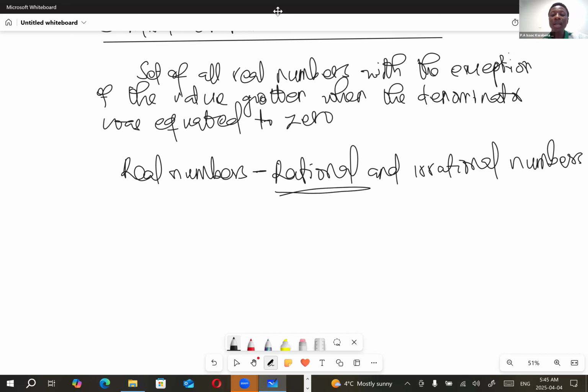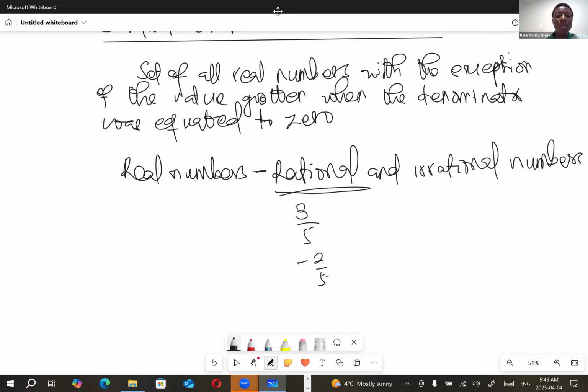If you are talking about rational numbers, we are basically looking at simple fractions, be it positive or negative. So you can have 3 over 5 or negative 2 over 5. You can think of any fraction, as far as it's positive or negative, and as far as it's in a fractional form.